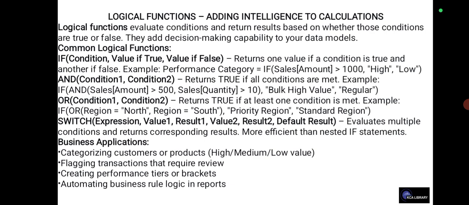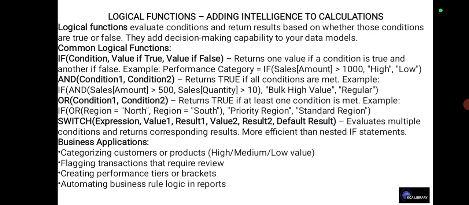Now this one relates to when you want to make calculations or analysis based on region. So this is more advanced. Then the SWITCH function evaluates multiple conditions and returns corresponding results. It's even more efficient than what we call nested IF statements, as is also used in Excel.